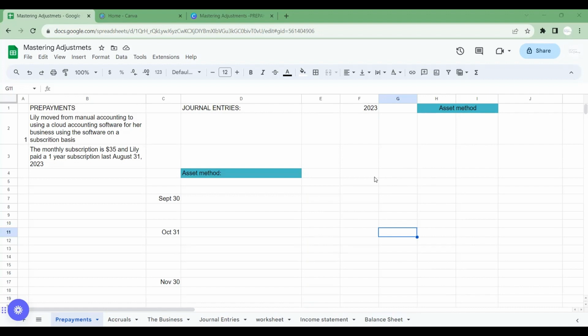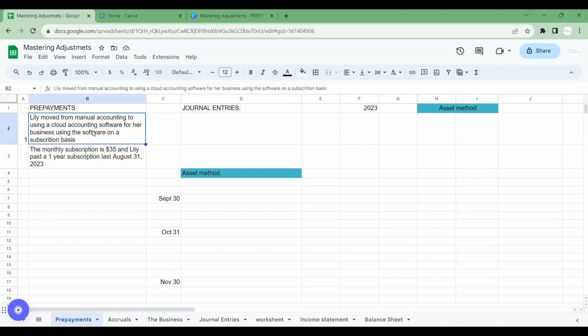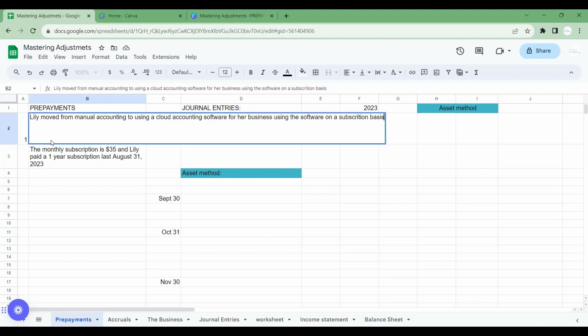Remember that under the asset method of accounting for prepayments, the initial recording of the payment is by using an asset account. For example, we have Lily here. Lily is moving from manual accounting to cloud accounting software for her business, using software on a subscription basis.